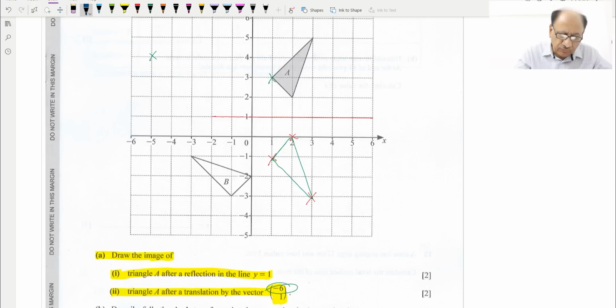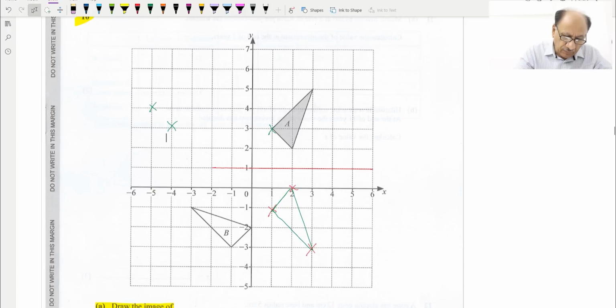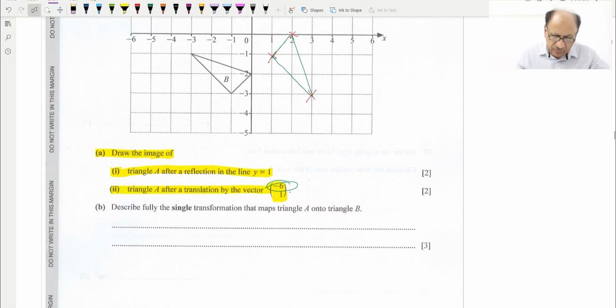Similarly we can move the other points also, so the other points will be over here, and this will be the third point. Then we need to draw the triangle, and this will be the required triangle. Hopefully you are understanding everything, and this is done.